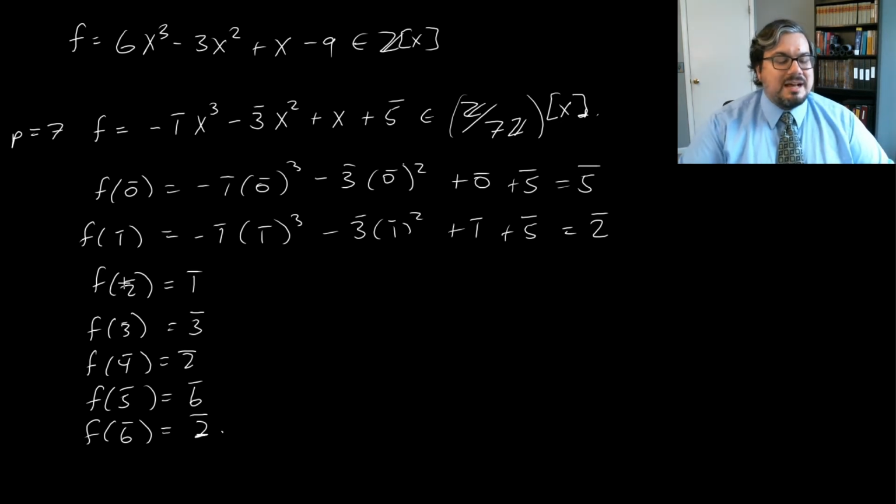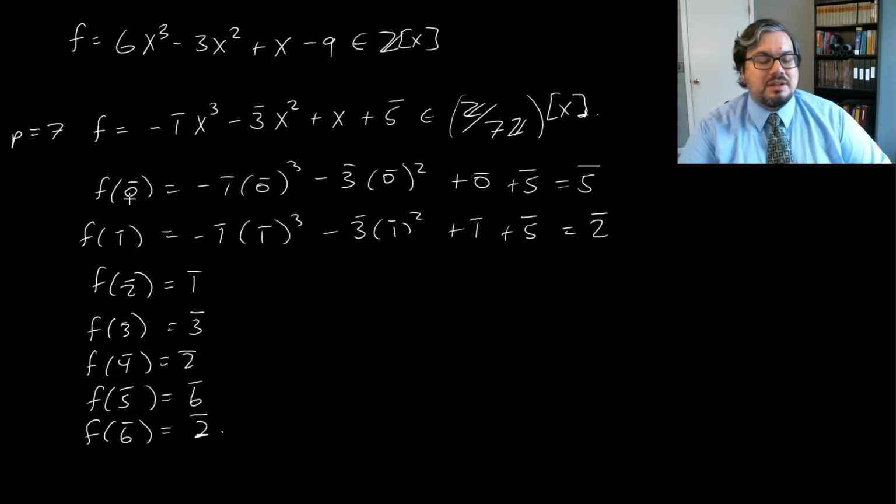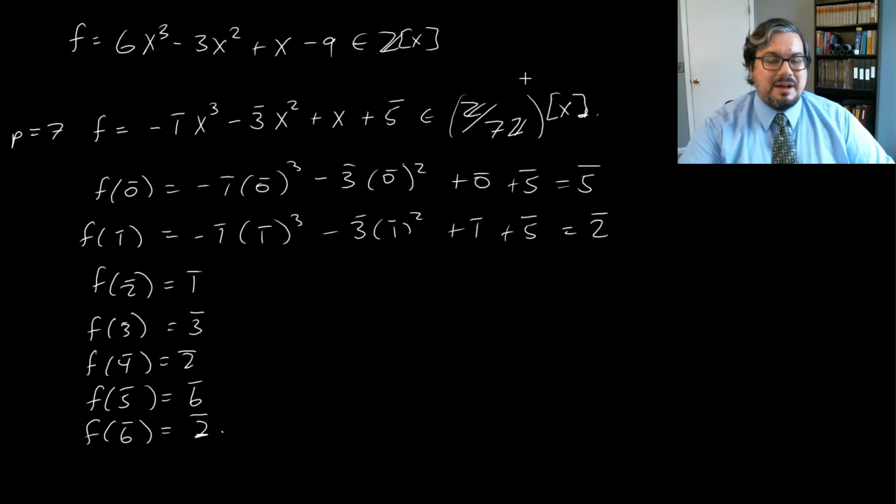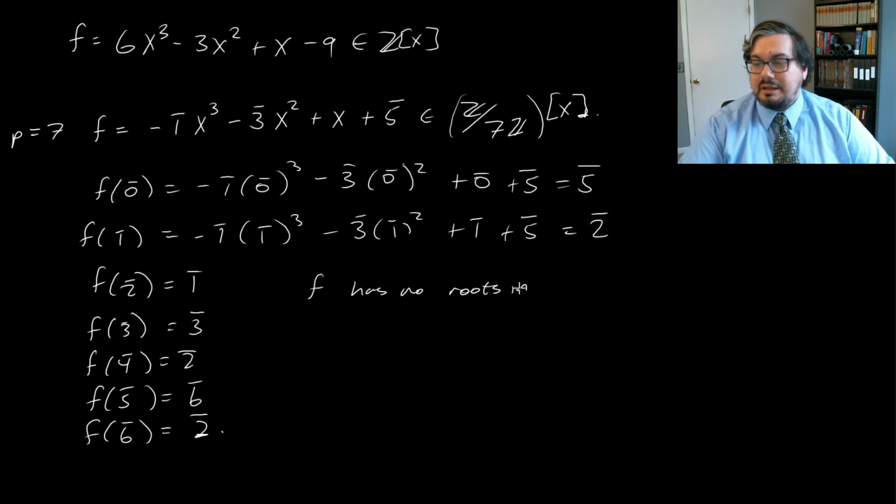So what we've done now is we've checked all the elements of Z mod 7Z to see if any of them are roots of f bar, and none of them are. When you plug each of these into f bar and evaluate at that number, you never get 0 bar out of it. So therefore, f bar has no roots in Z mod 7Z.